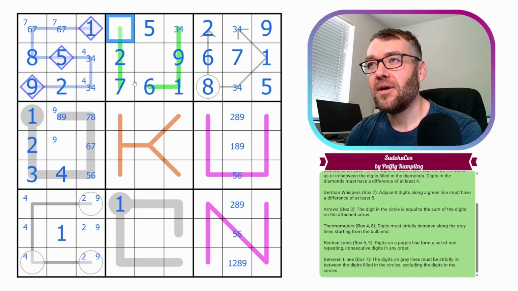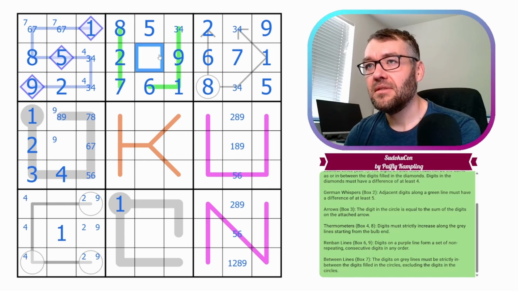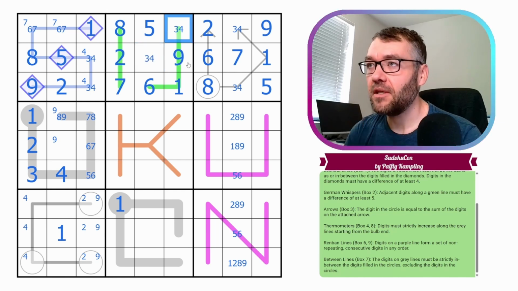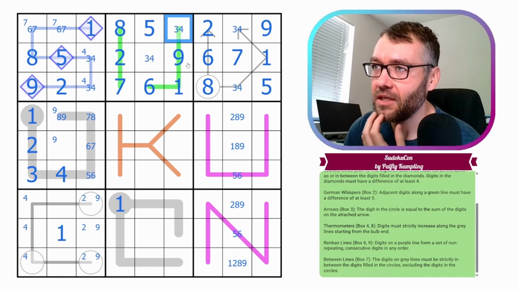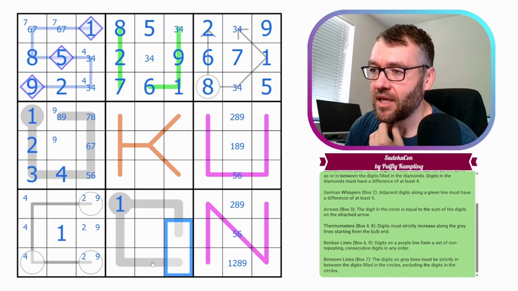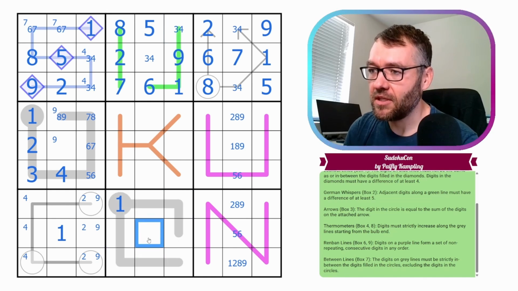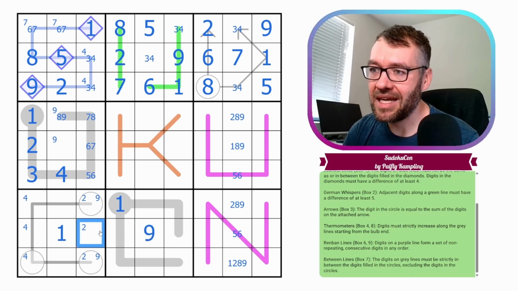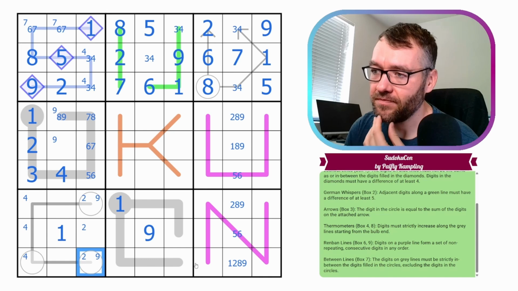Anyway, this is now high. Can't be a 6, can't be a 7, can't be a 9, so this is an 8. And then this is a 3 or a 4. This can still be either one, because both of those are at least 5 away from 9. So 9 is not going down here, and 9 can't go anywhere else in here except right here. It's the only spot left for a 9 in this box. Which means 9 is going in one of these two circles.